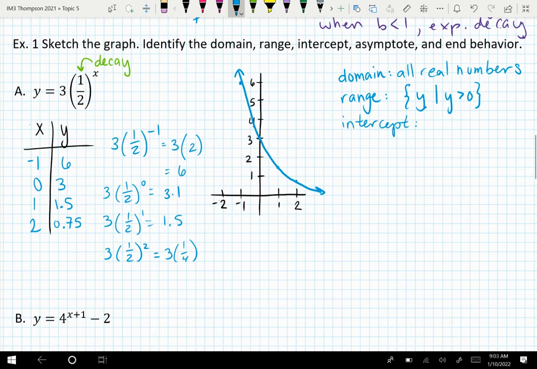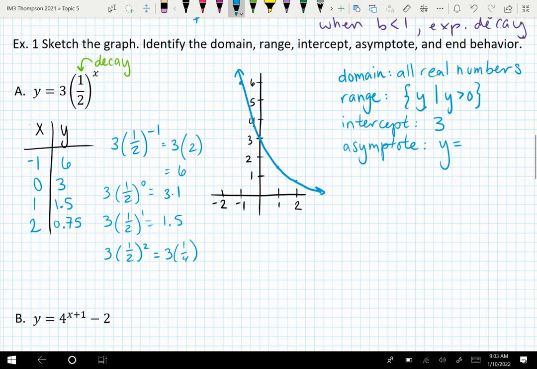Whereas the y-intercept is just at 3. Remember, the asymptote is always an equation of a line. At this point in our studies, our asymptotes are mostly y equals some number.